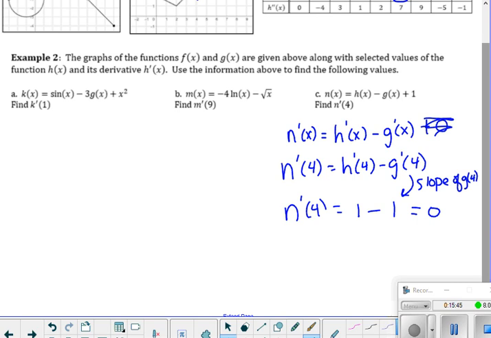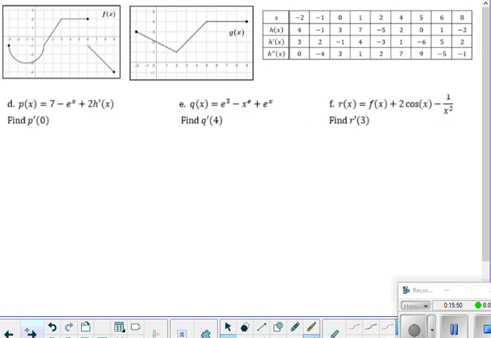Continuing on, we got a few to go, don't we? All right, so D. Take the derivative, so we get p prime of x equals 0 minus e to the x, because the derivative of e to the x is e to the x, plus 2h prime of x. That was a single derivative. We go to a higher order derivative by doing double prime. And then they said evaluating this at 0.